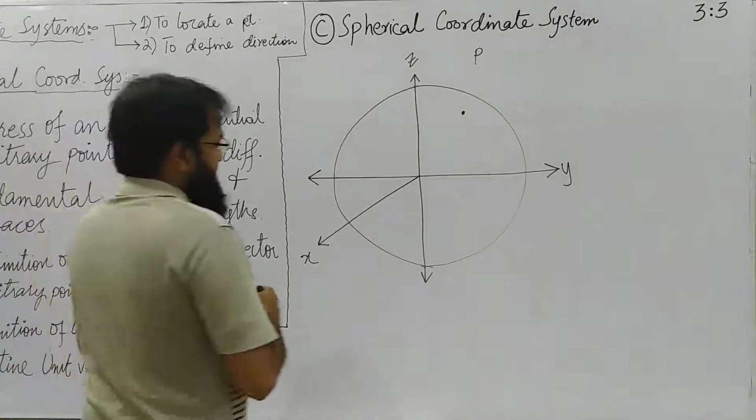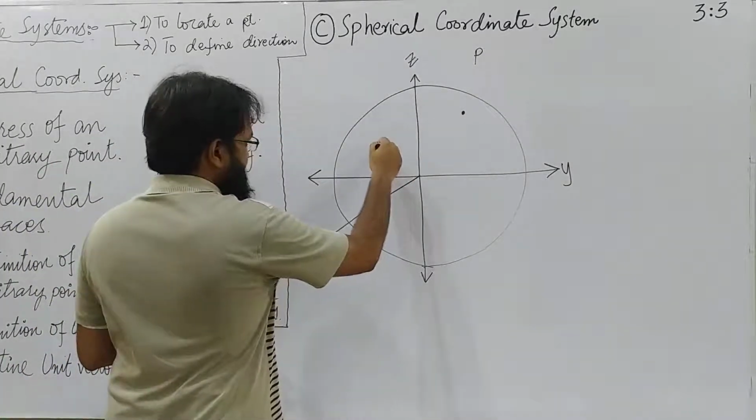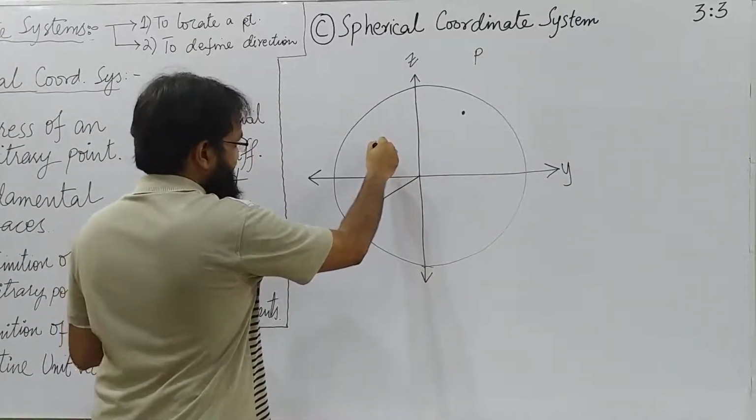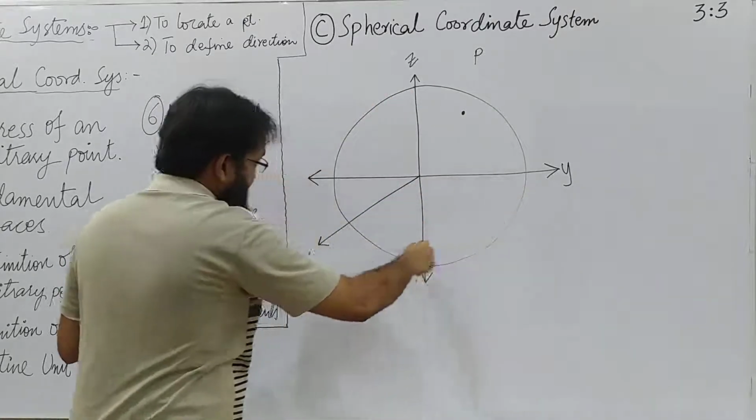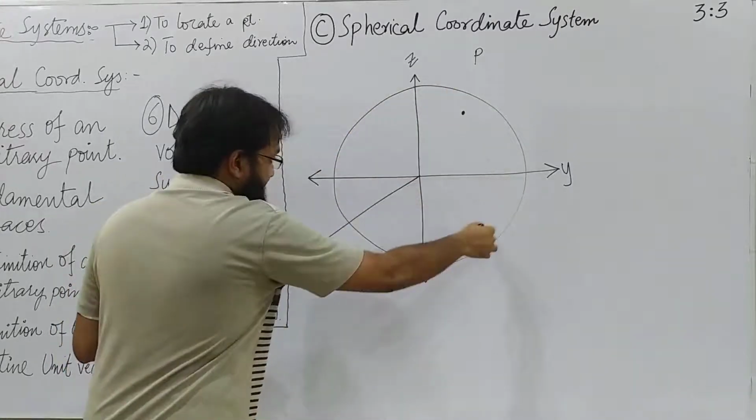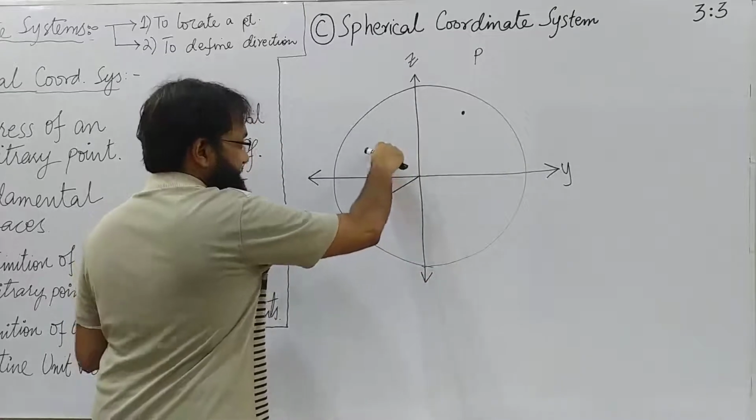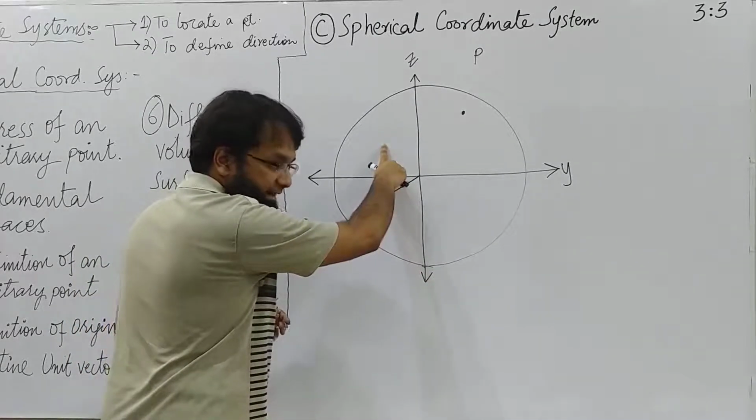One could have chosen the center somewhere else, but in that case, defining this sphere with respect to that center would be insanely difficult.